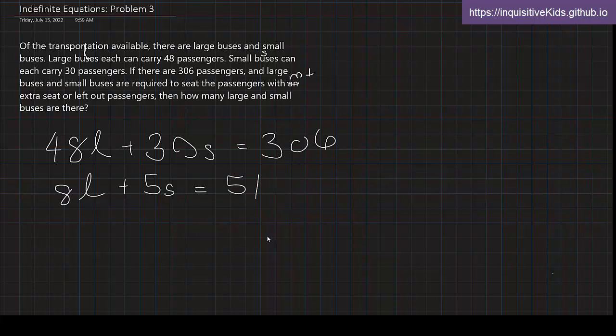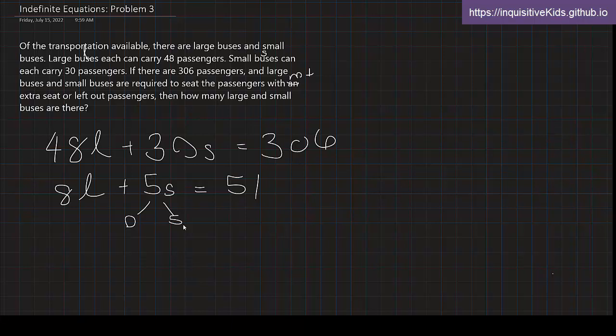So, first, since this has a 5, I want to start by looking at the ending digit. So 5S can either end in 0 or 5. But in this case, which would seem more proper?